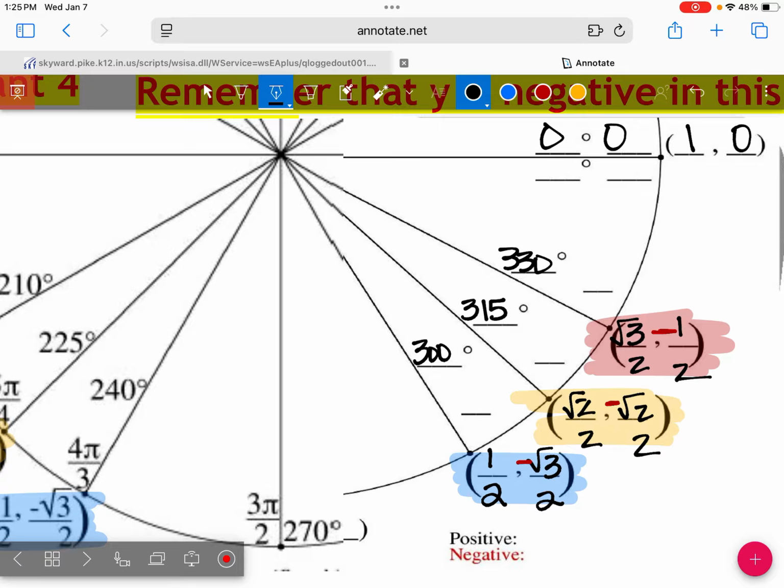And then we know that at the top, this is my 360. So notice that I have two different values here.